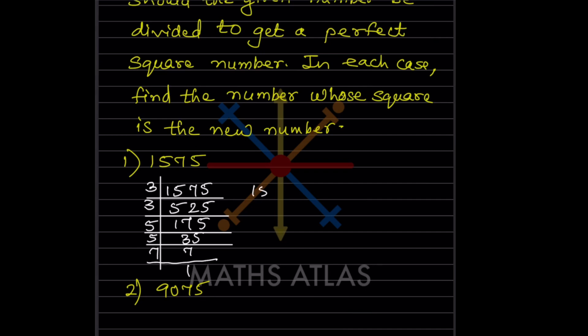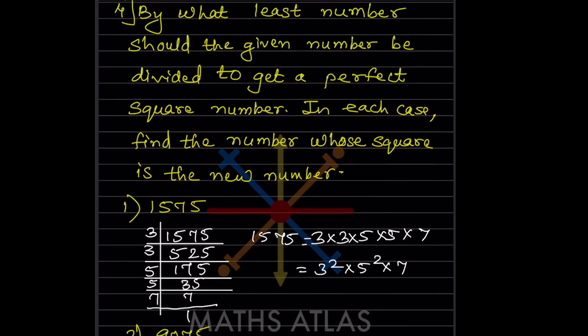So 1575 is going to be 3 into 3 into 5 into 5 into 7. So this is going to be 3 square into 5 square into 7.